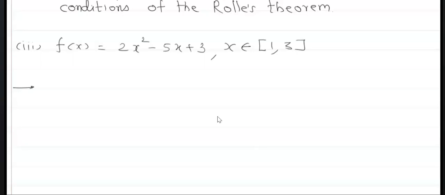Now the problem c, that is f of x is equal to 2x square minus 5x plus 3, x belongs to the closed interval 1 to 3.